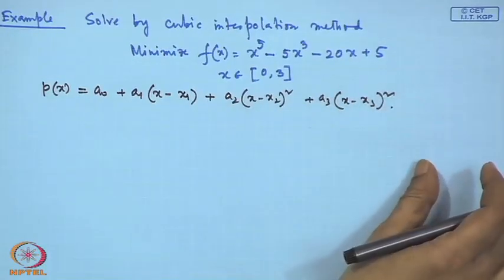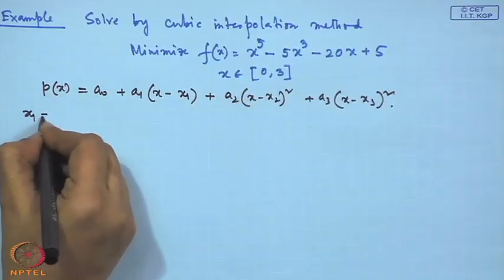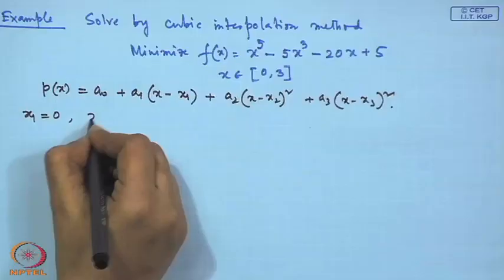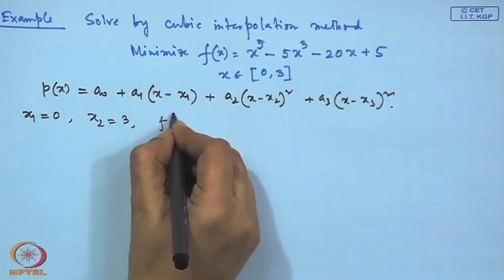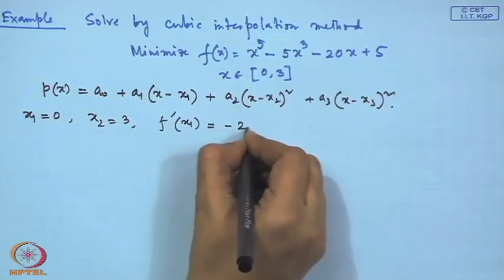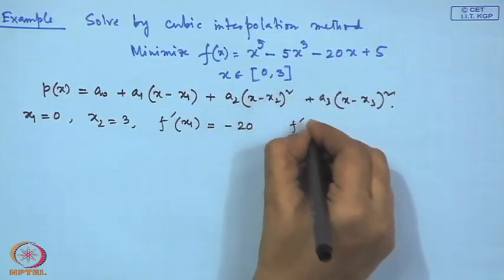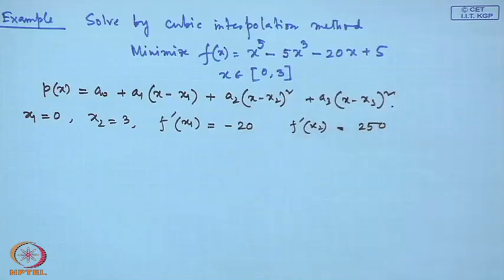Now, for this we know only x1 equal to 0 and x2 equal to 3, and we can have f prime x1 value equal to minus 20, and f prime x2 value equal to 250, all right.